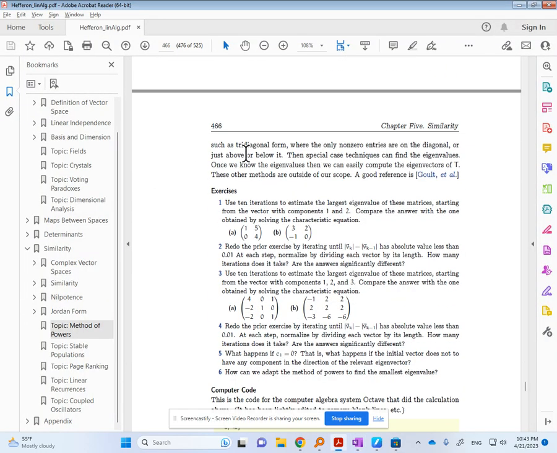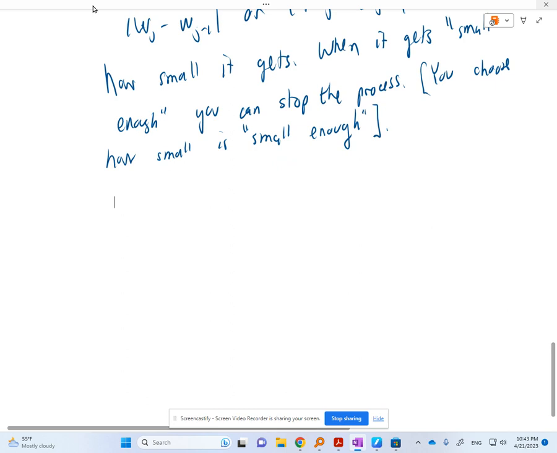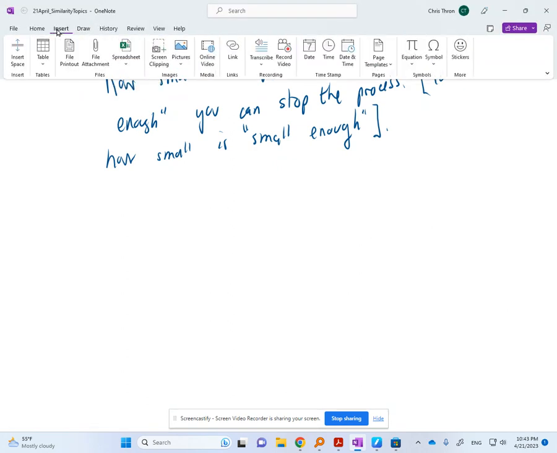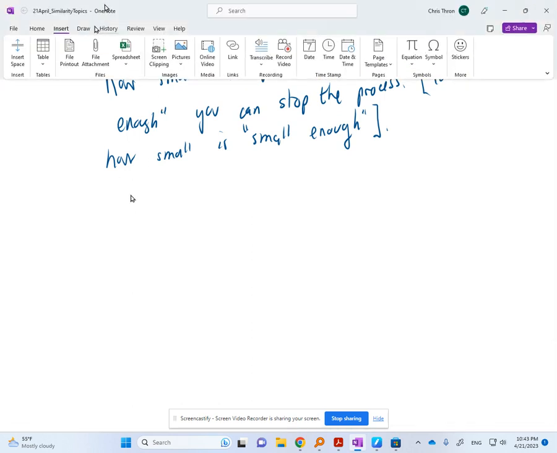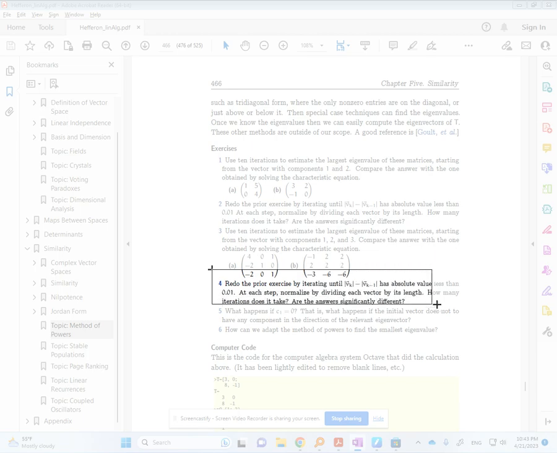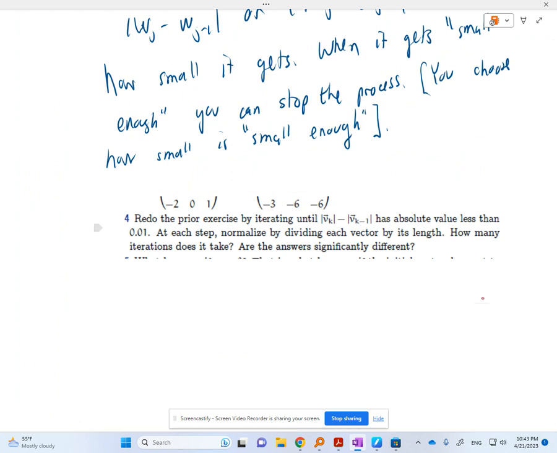When he looks at this exercise, he says, redo the previous exercise by iterating until Vk minus 1 has absolute value less than 0.01.